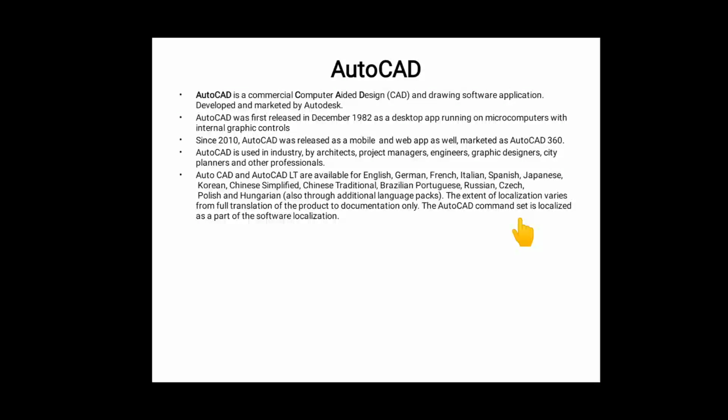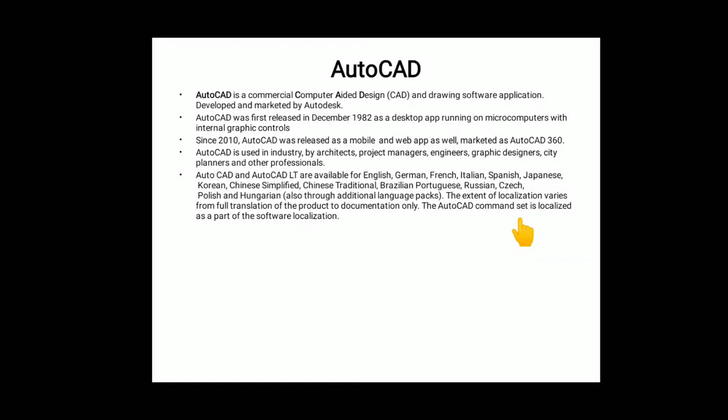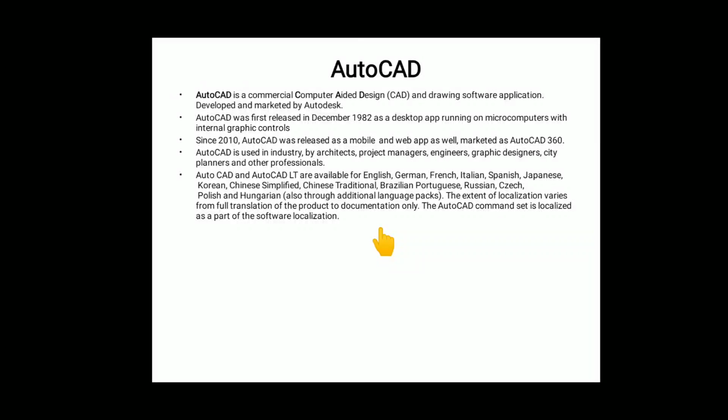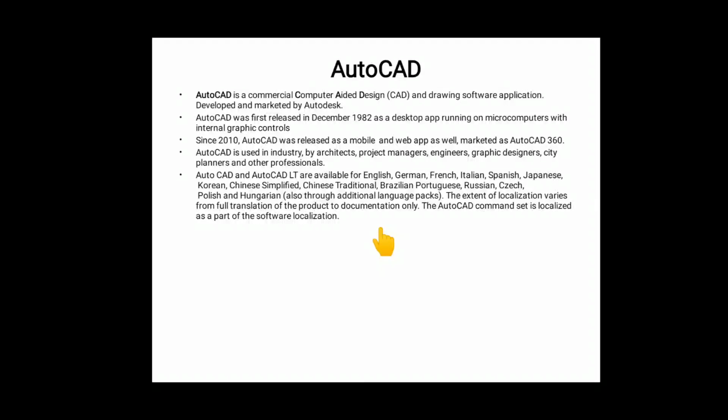Then as far as which type of AutoCAD we are using is concerned, every year these softwares go on updating themselves. Like how we have mobile updates, iPhone 6, 8, 10, 11, like that. AutoCAD also has its own versions, and the most widely used one is 2017.